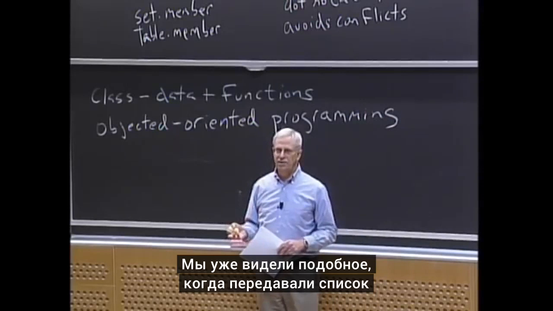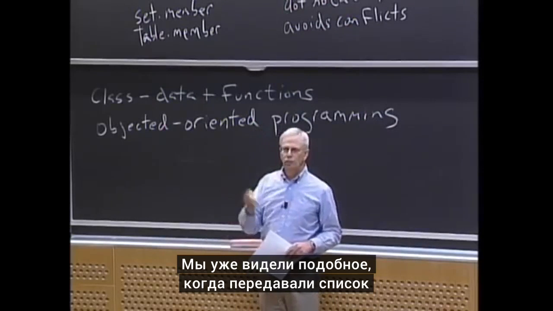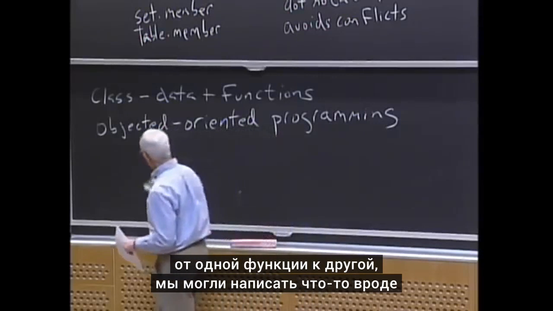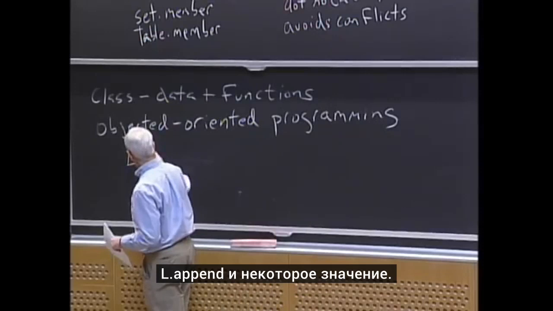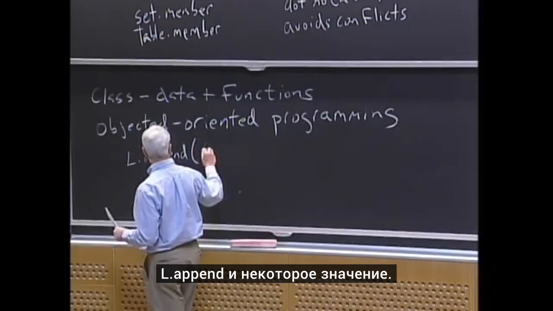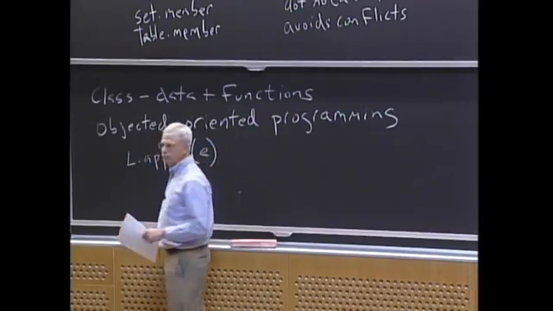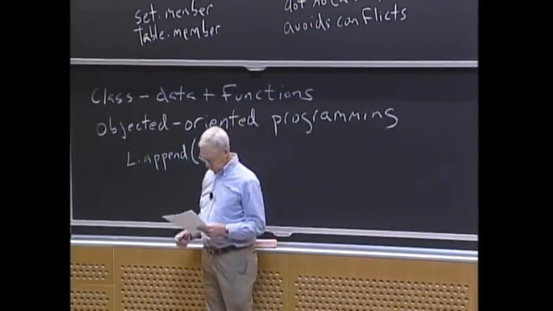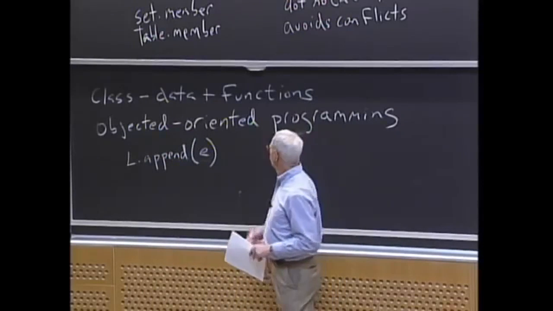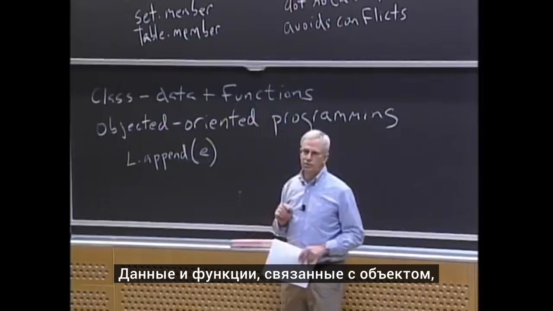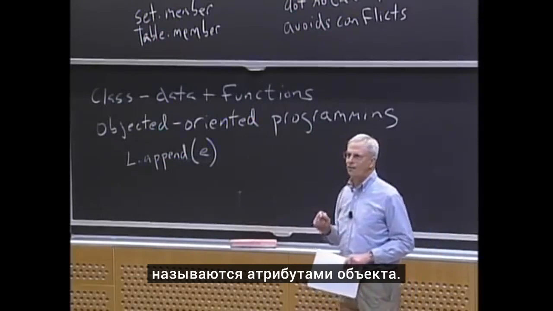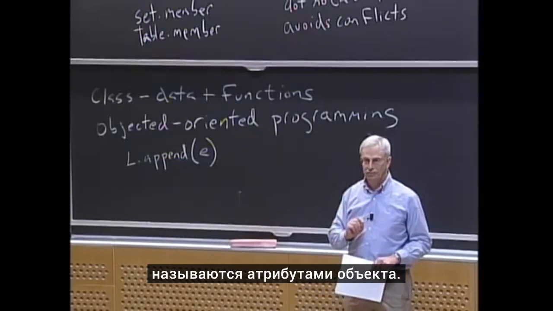So we've already seen that kind of thing, where if we pass a list from one function to another, we can write something like L.append some value. The data and functions associated with an object are called that object's attributes.